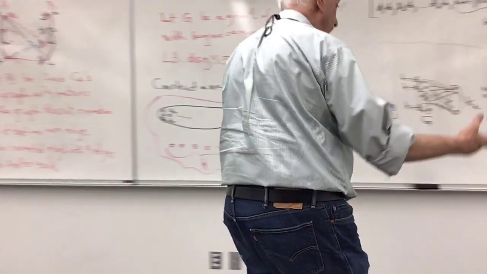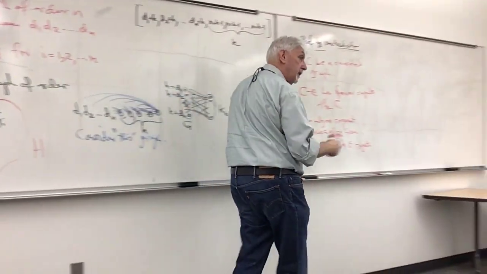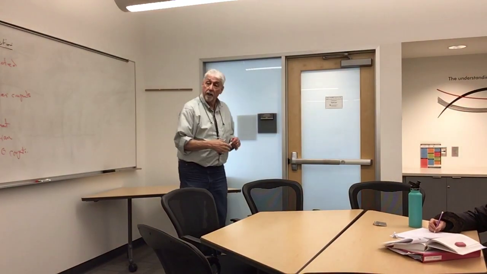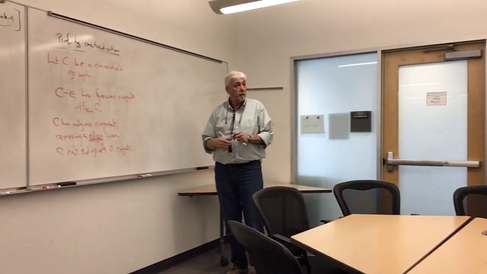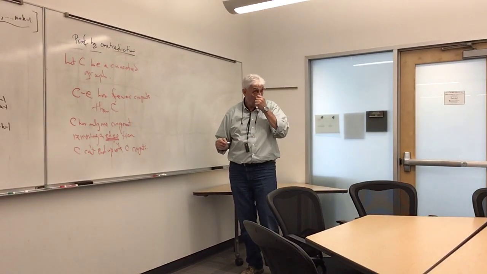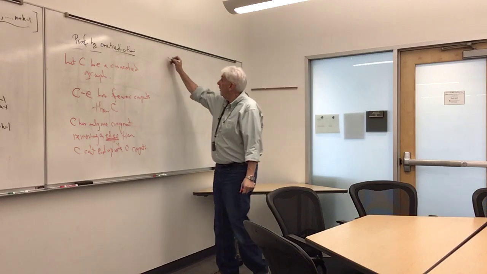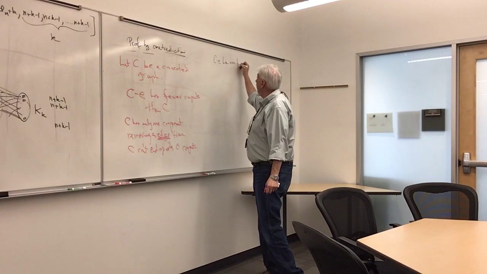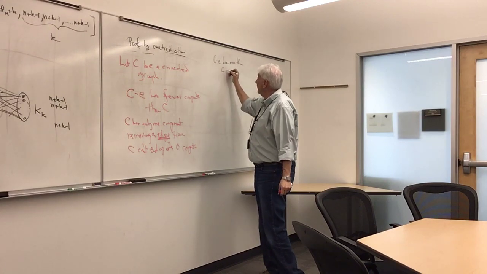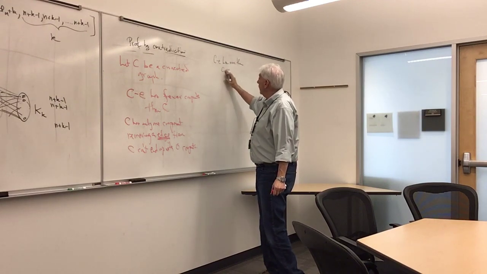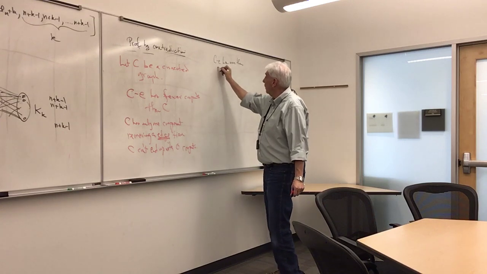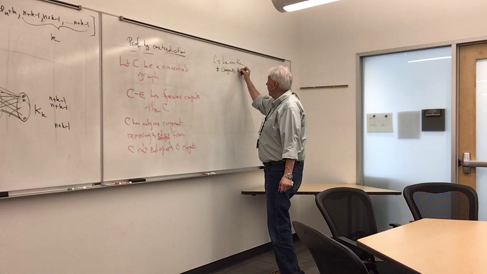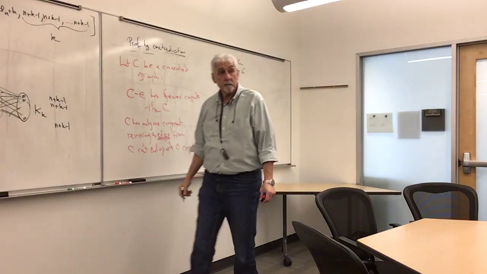So the other possibility is that C minus E has, we took care of fewer, C minus E has more components than C, by 2.